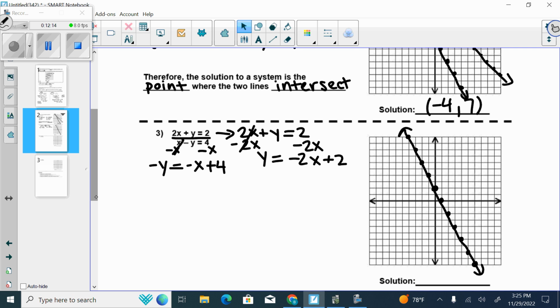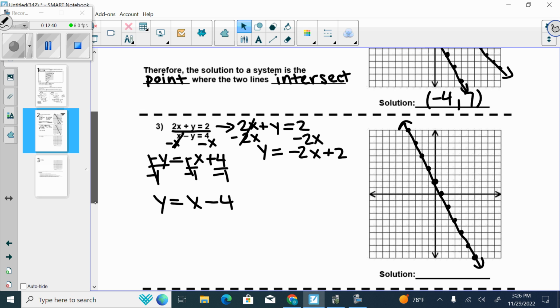How are we going to get rid of that? Divide by negative 1. Very good. So I got to divide everything by negative 1. So that makes the negatives go away. That's going to do the same thing to my x, right? It's going to make it a positive x. But my positive 4 is going to become negative 4. Good. Okay. And now this one's ready to graph too.